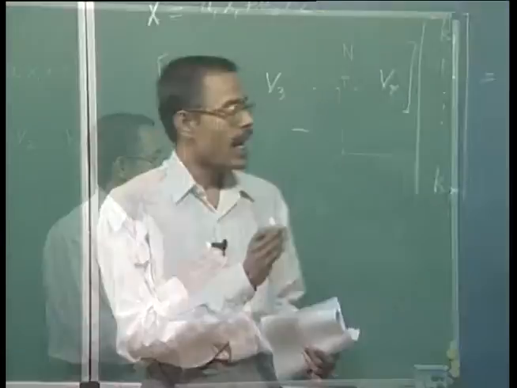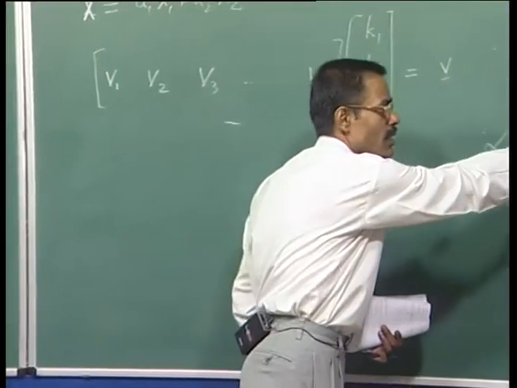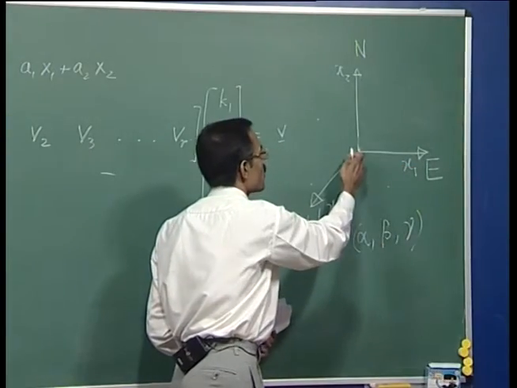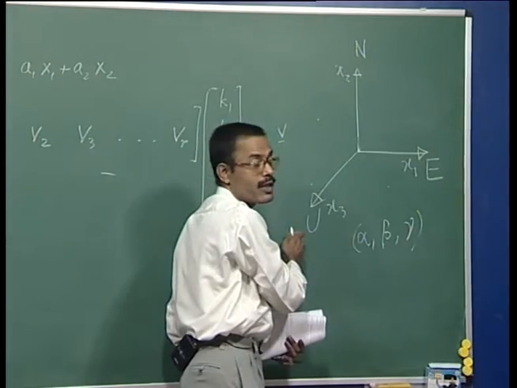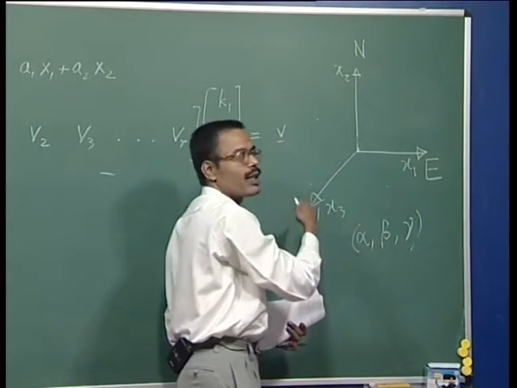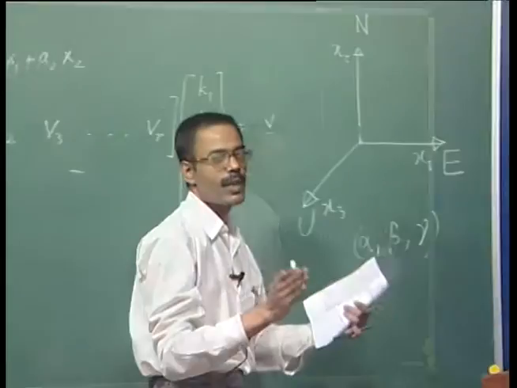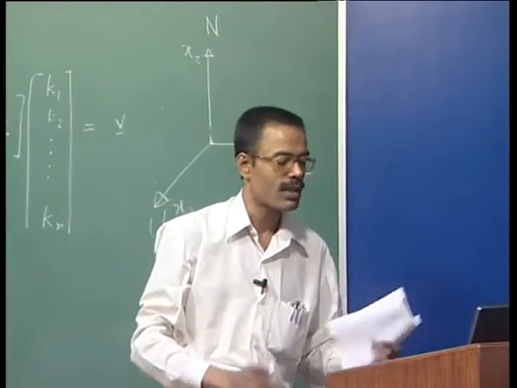We have to go alpha distance in the east direction, then beta distance in the north direction, and gamma distance in the upward direction. Only when the ordering is also prescribed is the statement of the basis complete.